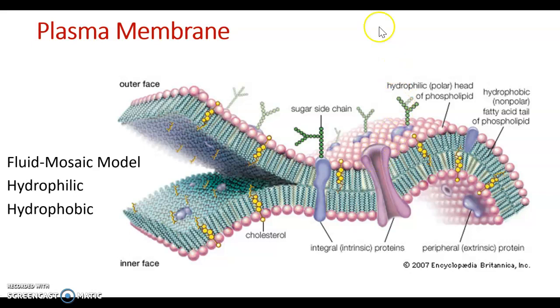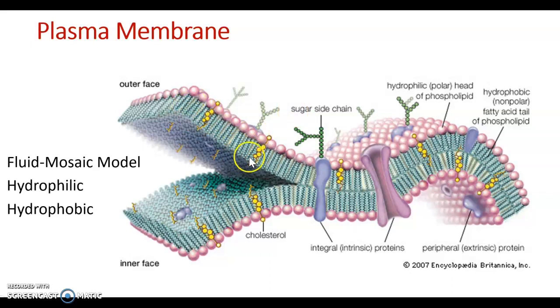What forms this bilayer structure? That is really the interaction between the phospholipid molecule and the water. So there's water surrounding the cell on the outside, and there's water that makes up a big portion of the cytoplasm on the inside. And our hydrophilic, or water-loving, heads are going to orient themselves towards the inside and the outside because they're attracted to that water, that polar molecule.